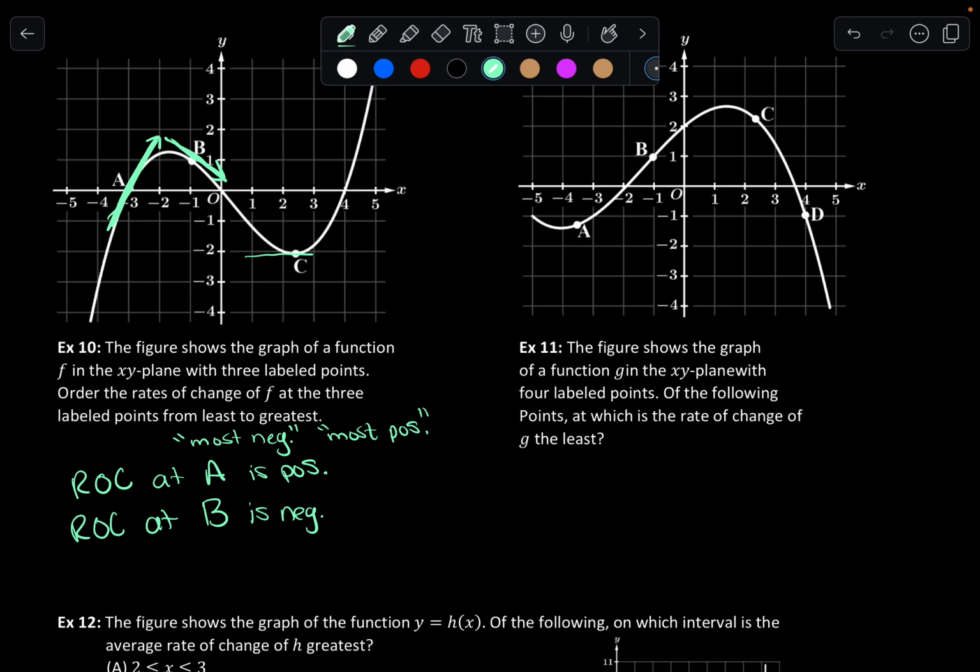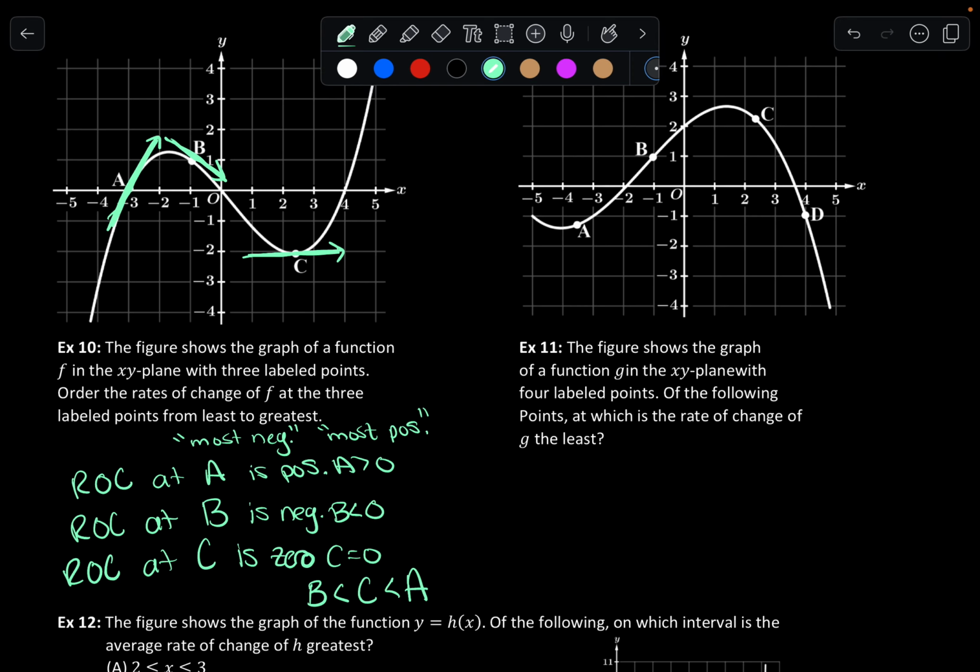And lastly, at C, this is at the local extrema. So that means the instantaneous rate of change at C is going to be 0. So if we think about this, it's greater than 0 for A, less than 0 for B, and then equal to 0 for C. So when we rank these, we have the negative, which is B, the 0, which is C, and then the positive, which is A.